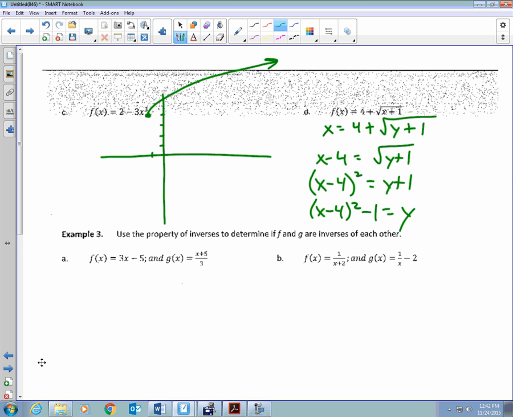What does my new graph look like? A parabola. What's its vertex? 4, negative 1. Pay very close attention to this right now. This has a coordinate of negative 1, 4. So its inverse should have a coordinate of 4, negative 1, and does it?